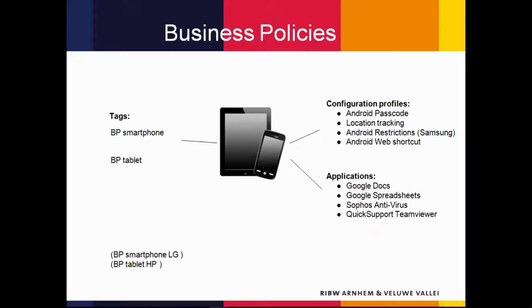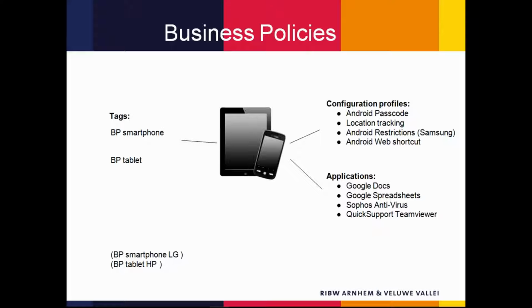We use several tags in our review list. We mainly use the business policy smartphone and business policy tablets. Each business policy is different, because we do not need all the apps to be the same on the smartphone as on the tablet.